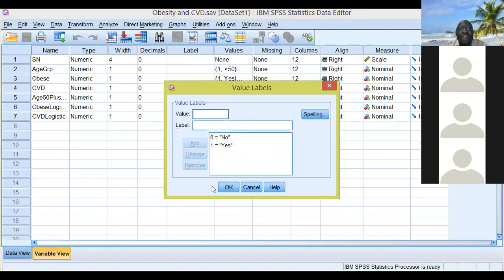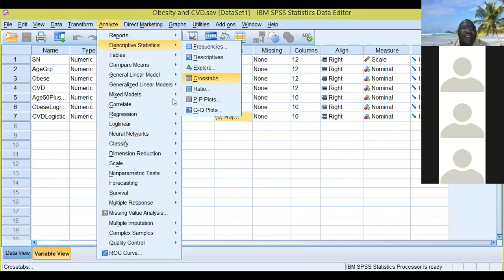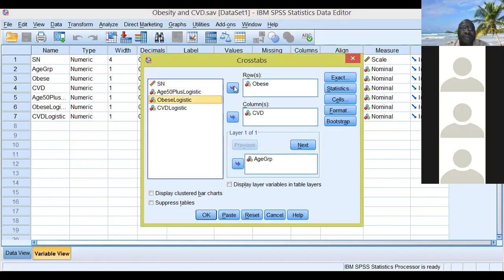Okay, now Ugo, you know what you do? Let's go and run the same analysis you ran now, using the logistic coding. You see, it will give you a different answer. It can cause problems for you. It can invert the answer. Though eventually you may get some statistics the same.